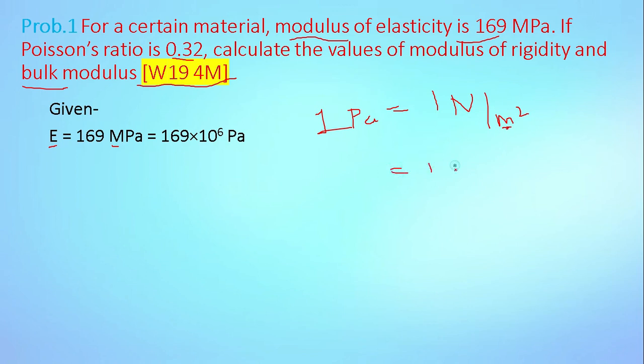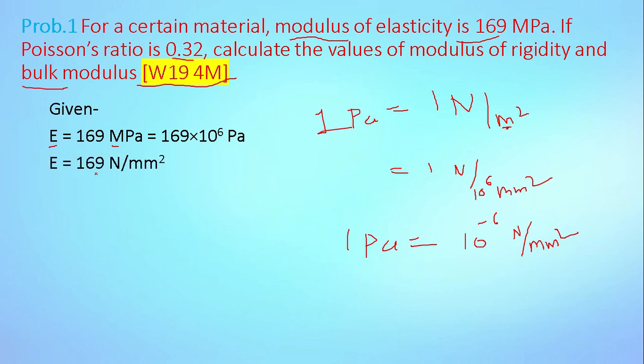So this becomes 1 Newton per 10 raised to 6 mm square. So 1 Pascal is equal to 10 raised to minus 6 Newton per mm square. So it becomes 169 Newton per mm square, as 10 raised to minus 6 and 10 raised to plus 6 get cancelled.